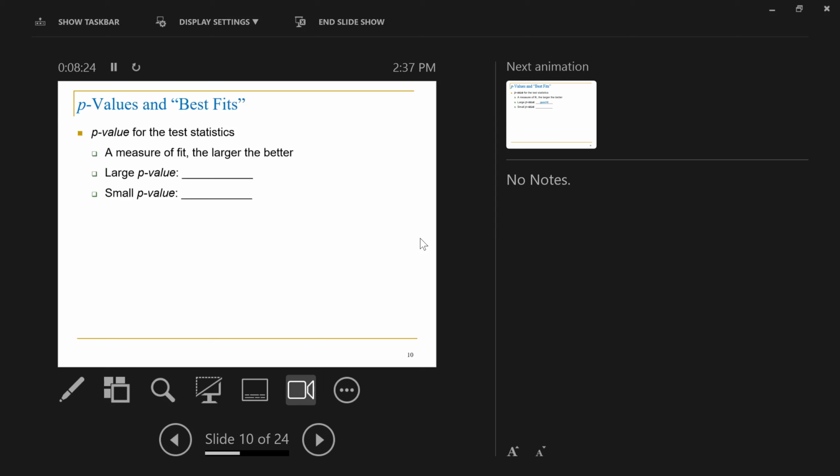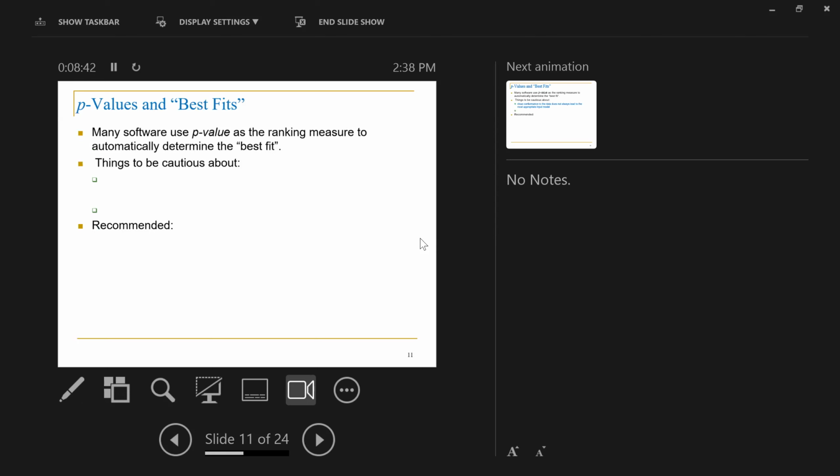So for the p-value of the test statistic, as a measure of fit, the larger, the better. A larger p-value means that we have a good fit. A small p-value means that we have a poor fit. Many software packages use p-values as the ranking measure to automatically determine the best fit, but we need to be cautious.